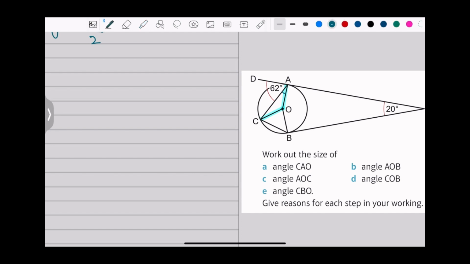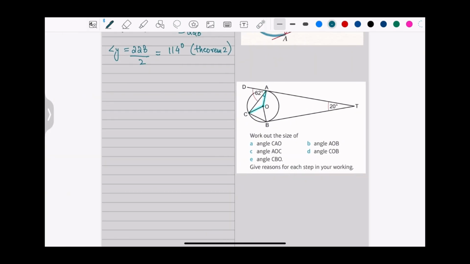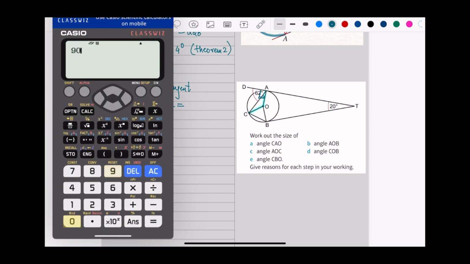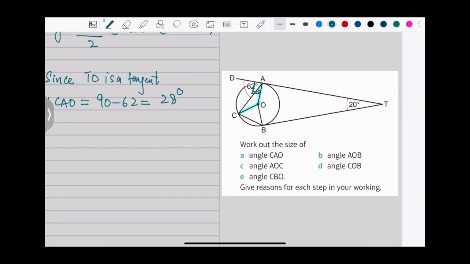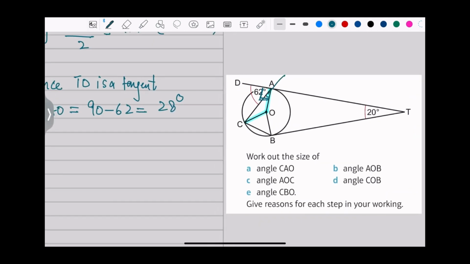And since line TD is a tangent, it is making a 90-degree angle here. So angle CAO is 90 minus 62, which is going to be 28 degrees. So this is 28 degrees.